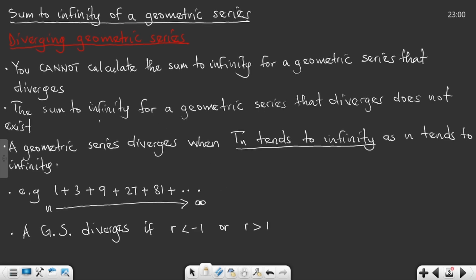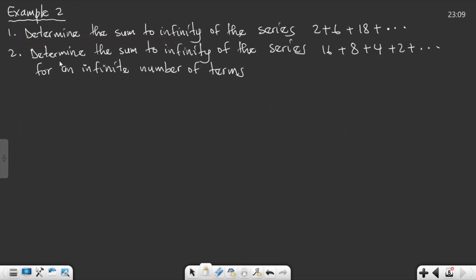In the case of converging series, the value of the sum will be equal to a certain number because the value of the Tn is approaching 0. Okay, let's look at example number 2. Let me start with question 1.